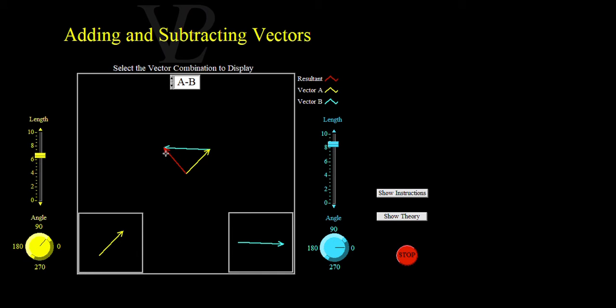And so A minus B gives me a vector in this direction, whereas A plus B gives me a vector in that direction. A minus B, B minus A. Compare those two. So you see how getting the direction right is important.